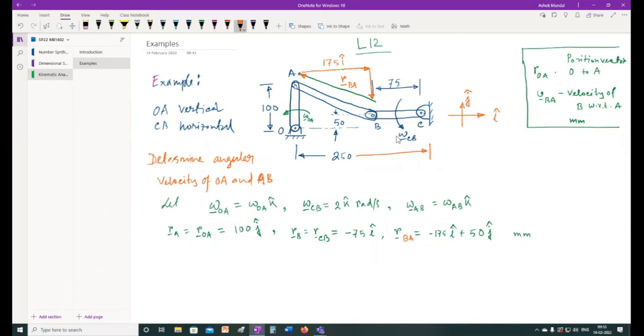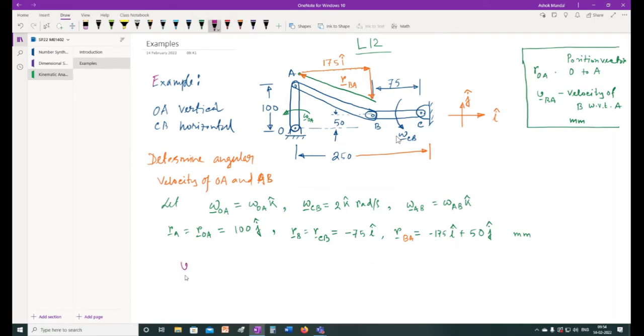It is perpendicular to this link. If a link is rotating about some point, then there is no point of calculating the relative velocity part. It has only one velocity component, that is omega cross r. Agreed?